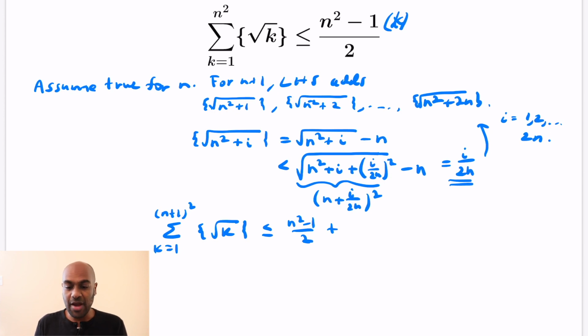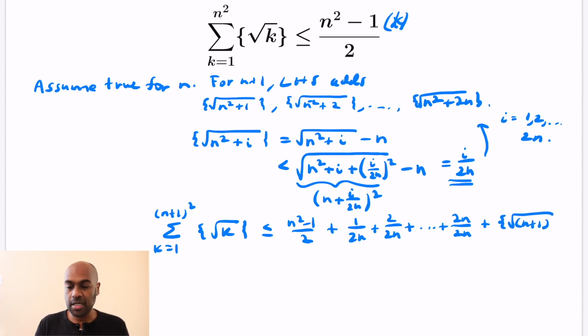And then we add in the fractional part of all of these other terms, from the fractional part of the square root of n squared plus 1 all the way to the fractional part of the square root of n squared plus 2n plus 1. By our upper bound that we just established, that should give us 1 over 2n as our first upper bound, then 2 over 2n, etc., up to 2n over 2n.